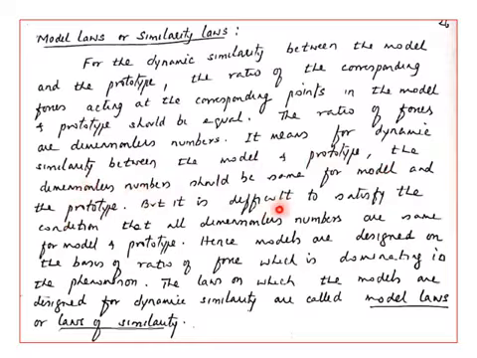But it is difficult to satisfy all the dimensionless numbers which we have discussed in the previous slides for the model and the prototype. Hence the models are designed based on the ratio of the forces which is dominating in the phenomenon. Suppose the viscous force is predominating, then the Reynolds number is used. Similarly, if the gravity force is predominant, then we use Froude's number. The laws on which the models are designed for dynamic similarity are known as the model laws, also known as the laws of similarity.